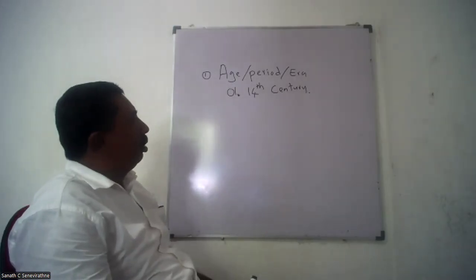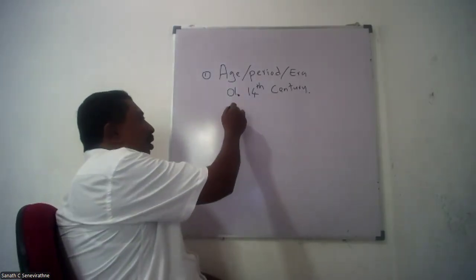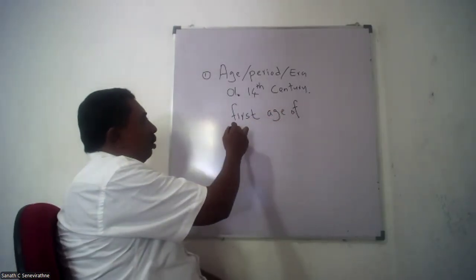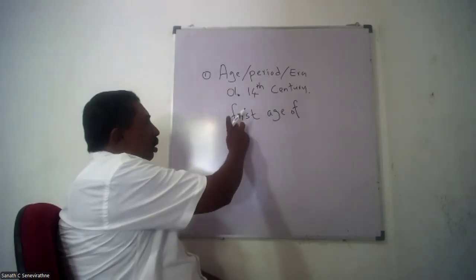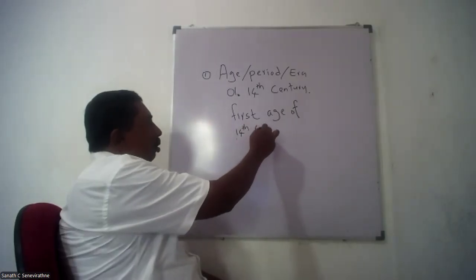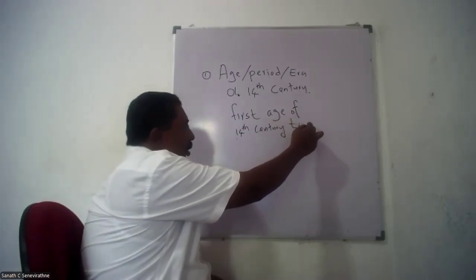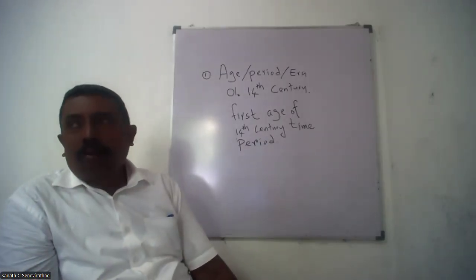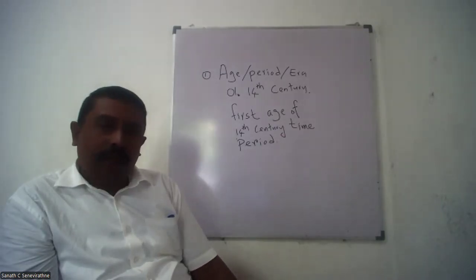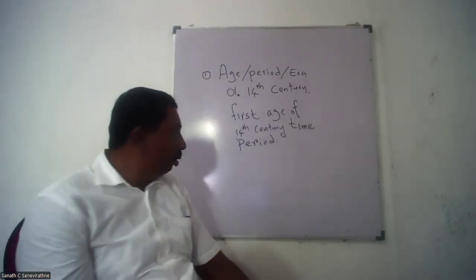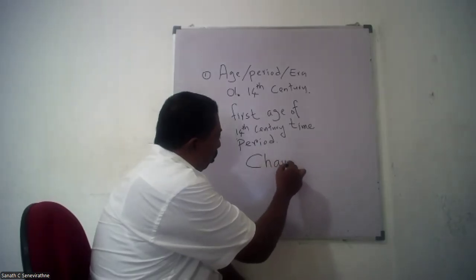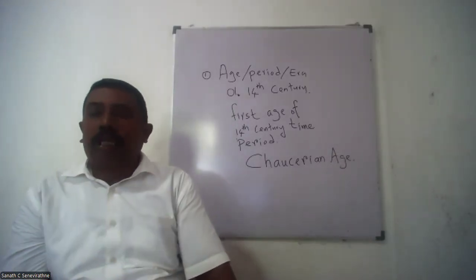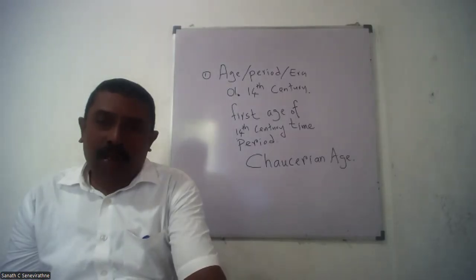The very first age of English literature is the 14th century time period. This age is called the Chaucerian age.